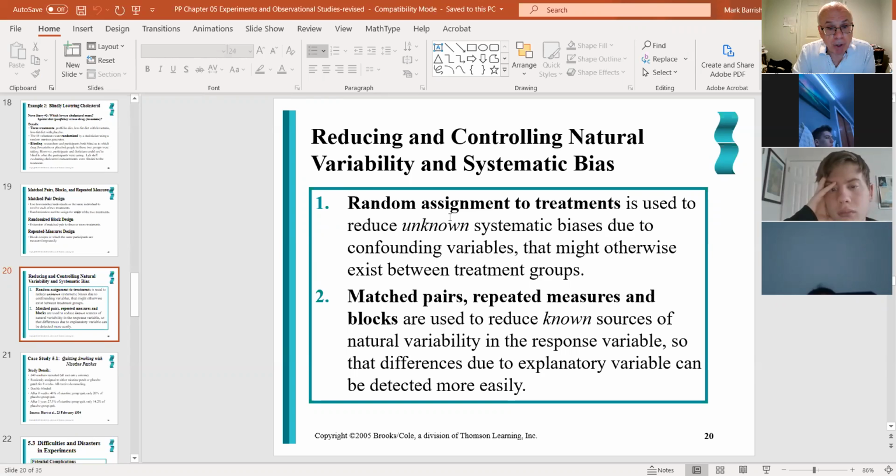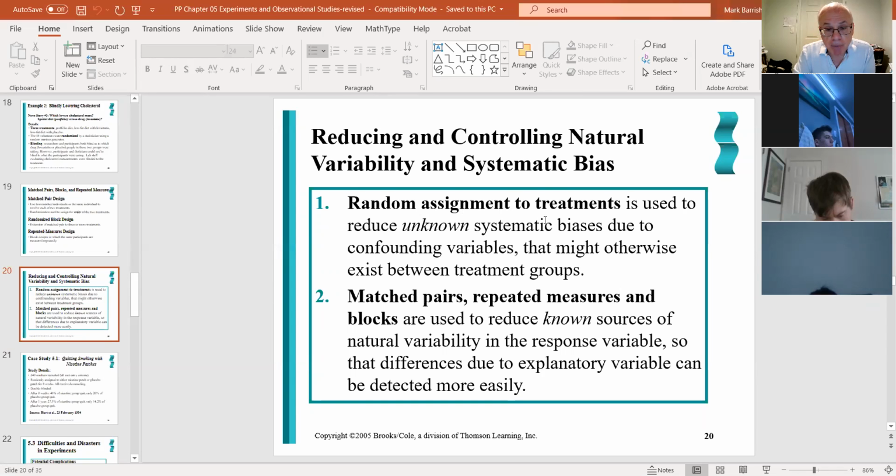So in an experiment, when you randomly assign people to treatments or treatments to people, what happens? It could be used to reduce unknown systematic biases due to confounding variables. There could be variables out there, confounding variables that we're not aware of.